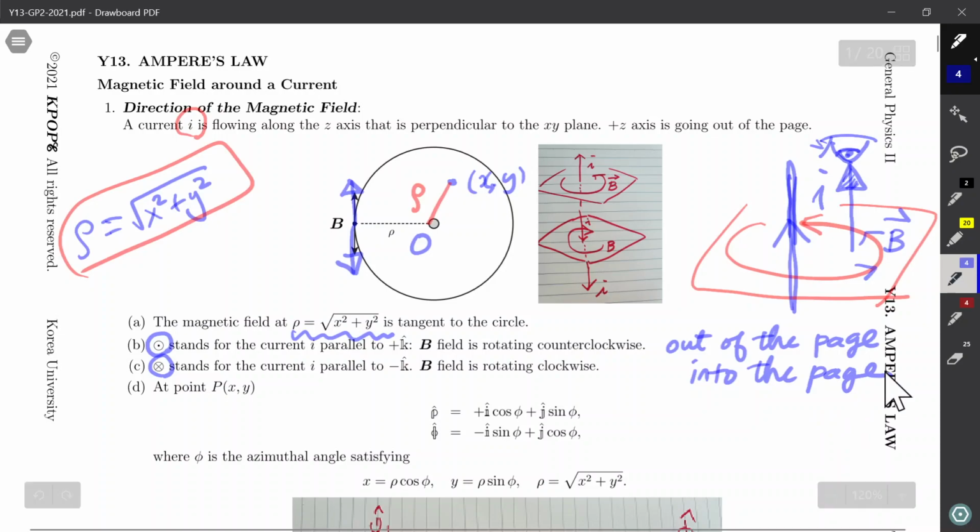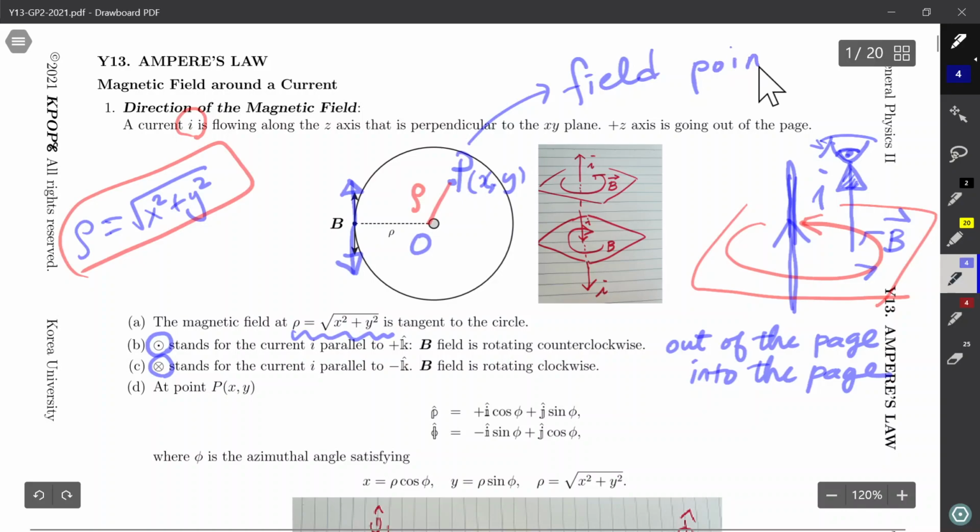At point P, usually we use P for the field point. The field point represents the point at which the electric field or magnetic field is measured.